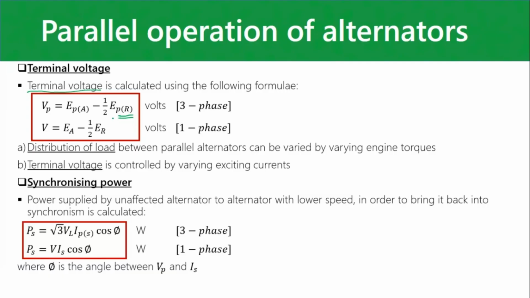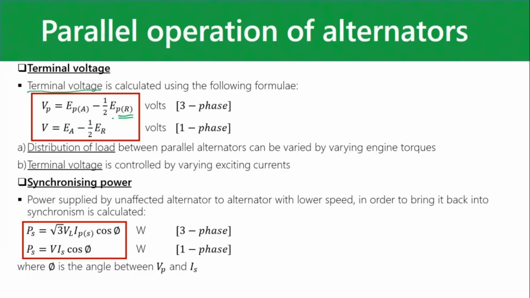We worked out the synchronizing current. That is the current that is going to flow from the affected alternator to the unaffected one. Why does it flow? Because it's drawing power from alternator A. Otherwise, because remember we dropped the power input on B, it would drop out of synchronization. So it's pulling current from A in order to keep B synchronized.